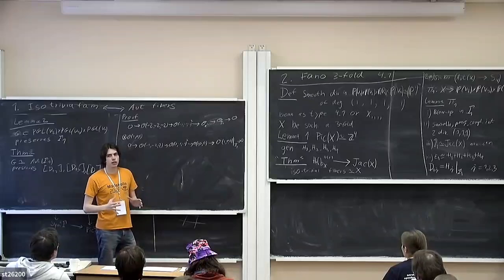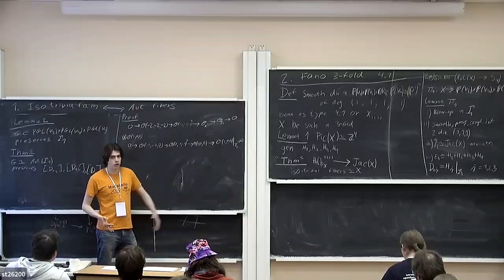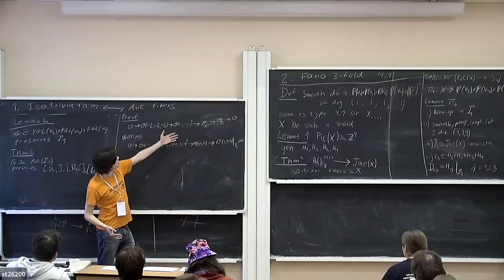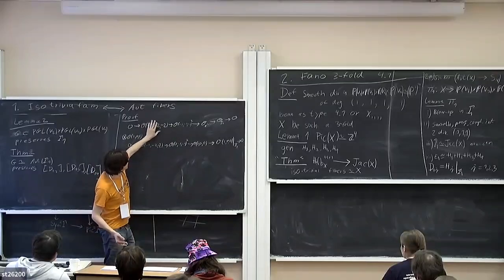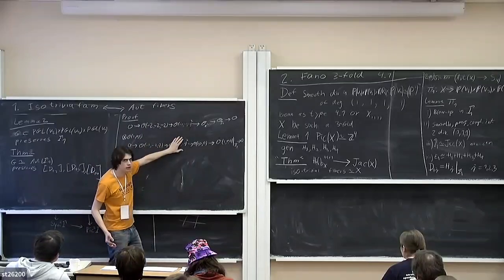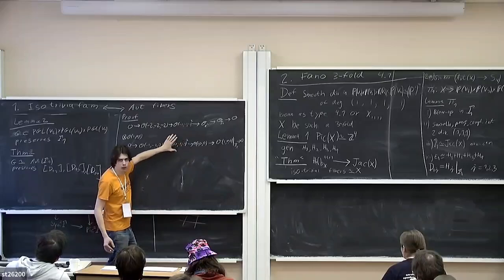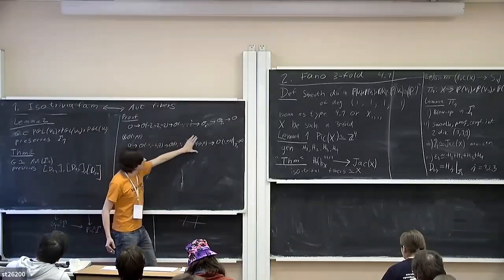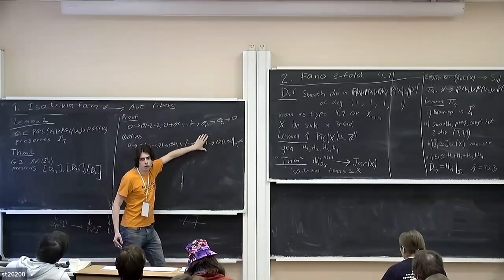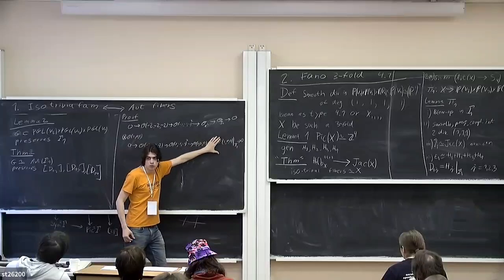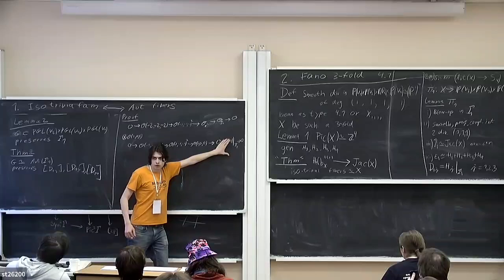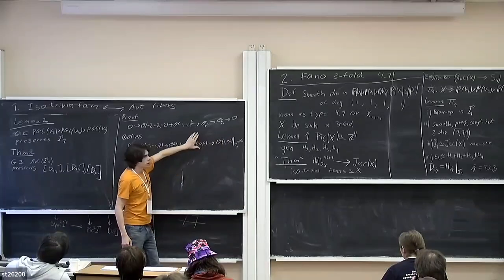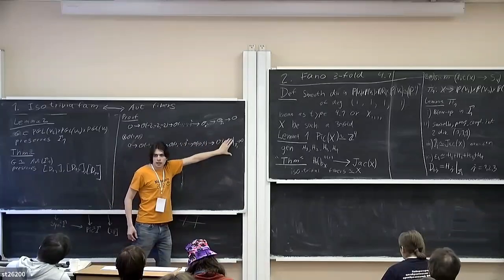And if we take the long exact sequence in cohomology of this complex, we see that there's no higher cohomology here or here. There's no cohomology at all, no global sections, and here we have only global sections. We have no higher cohomology, which means that the restriction gives an isomorphism on the global sections here to the global sections here.